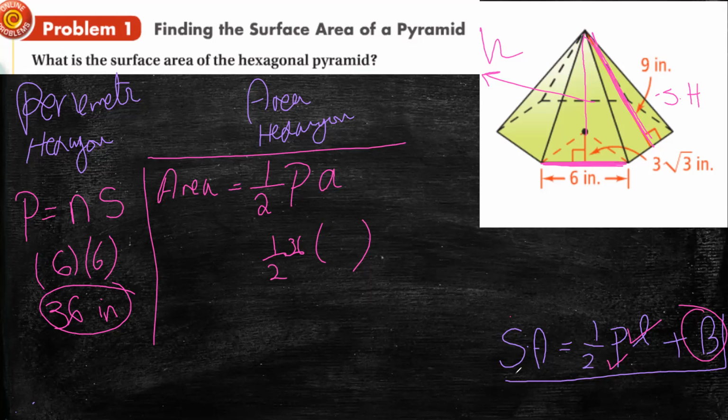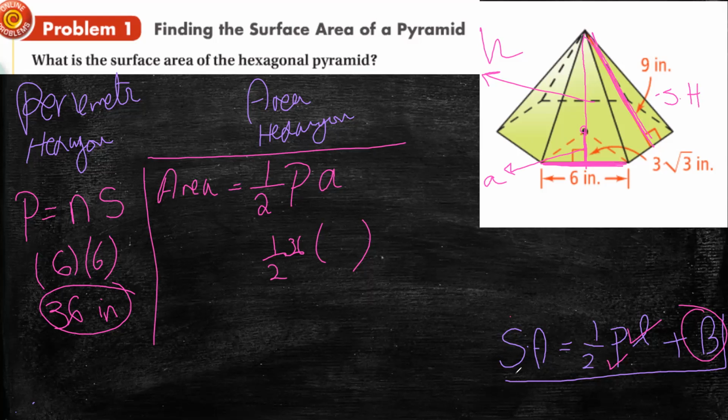And there's another line segment that is perpendicular, which comes from the center of the shape to the side of the base. That's what we call an apothem, which we talked about before.